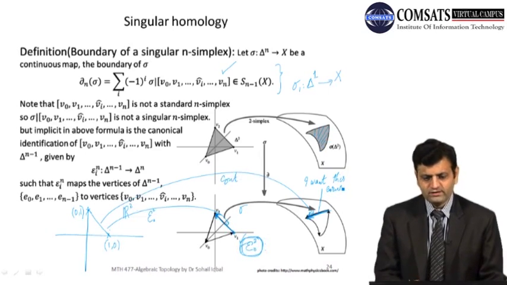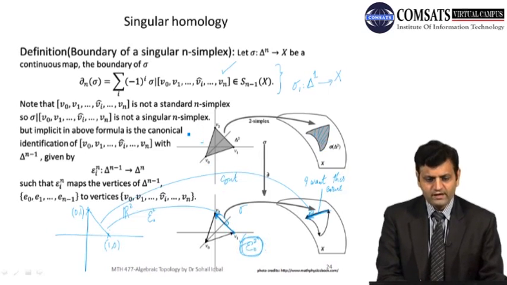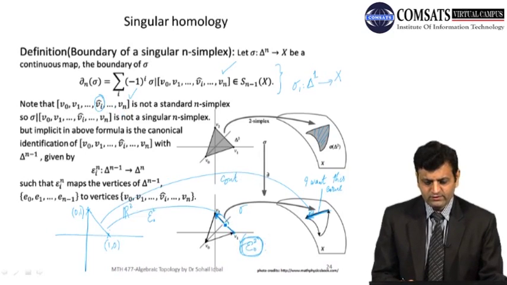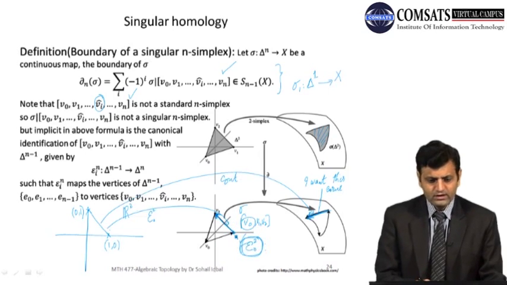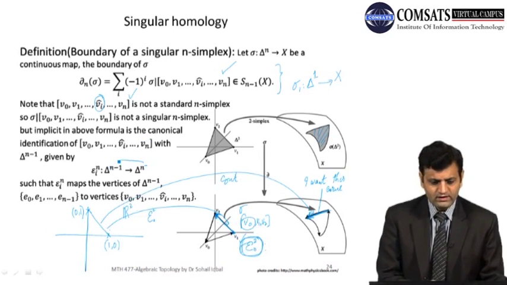Okay, so in general we can write down the following argument. If we have this standard n simplex, and we delete this vi, then it will not be a standard n simplex, as we have seen in this case. If you delete v0 from v0, v1, v2, it is not a standard one simplex. So what we do, we consider the following function epsilon i n. This n means we are taking the elements to an n simplex.